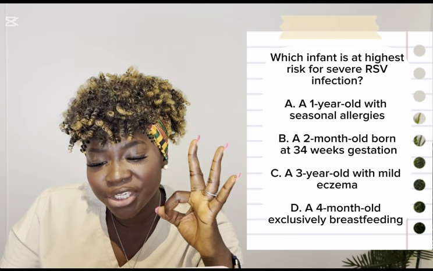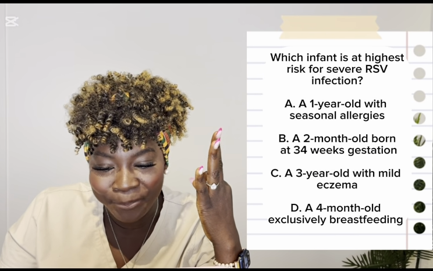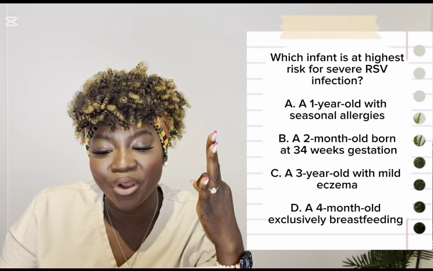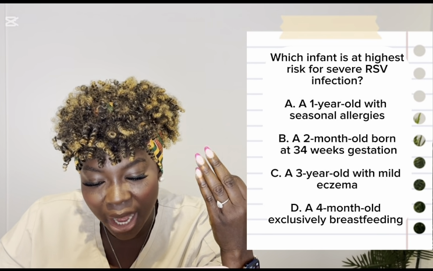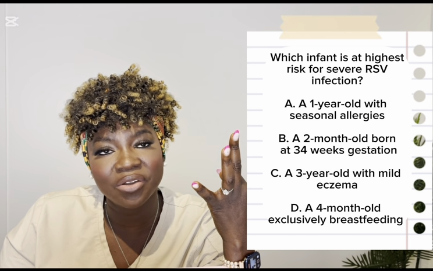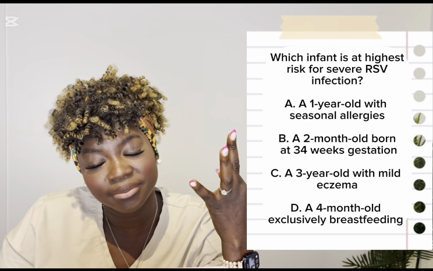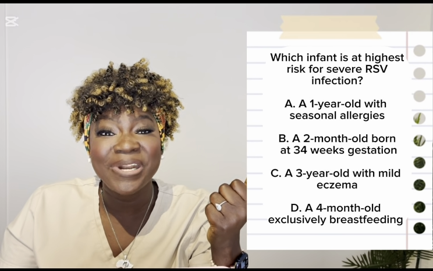A 1-year-old with seasonal allergies. Allergies are not a condition or risk for RSV, so that is wrong. Now a 3-year-old with mild eczema. Eczema doesn't increase the risk of RSV, so that's wrong. A 4-month-old exclusively breastfeeding.